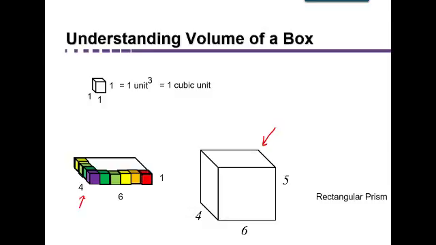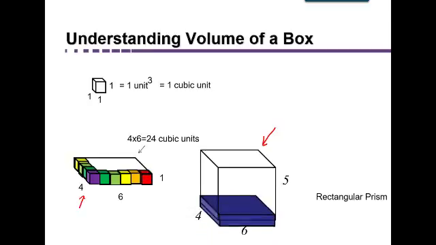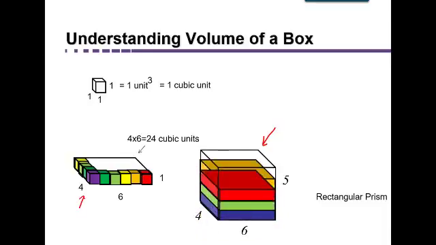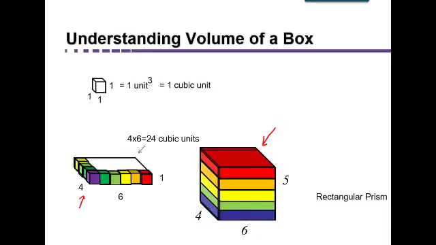and fill the whole thing up, how many cubes would fill this one layer? Well, there would be 4 times 6 equals 24 cubes, or 24 cubic units that would fill the one layer. But how many layers do we have in the 4 by 6 by 5 box? We have 1, 2, 3, 4, 5. And each one of those layers has 24 cubic units in it.